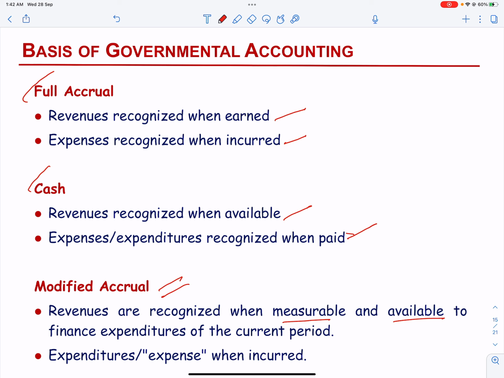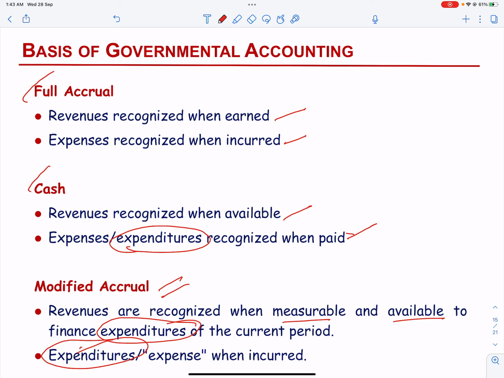There are different types of revenues, and we will talk about them later in the other videos. Revenue is measurable, means that they can be expressed in terms of dollars. Revenue is available, means that they are accessible in 90 days. Notice the word expenditure appears under the cash basis and the modified accrual basis.